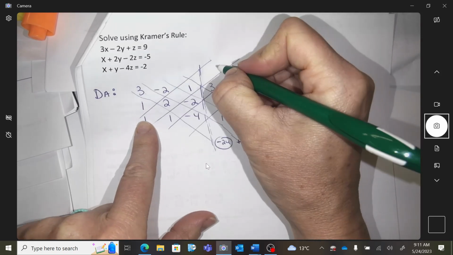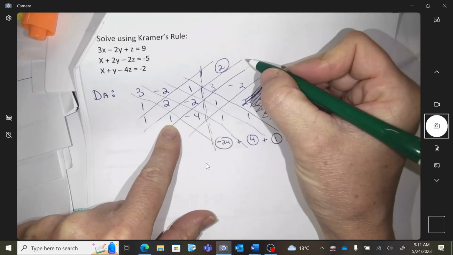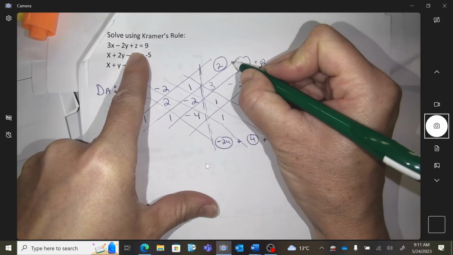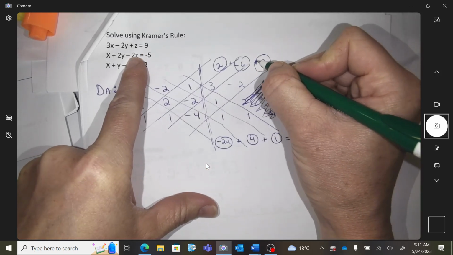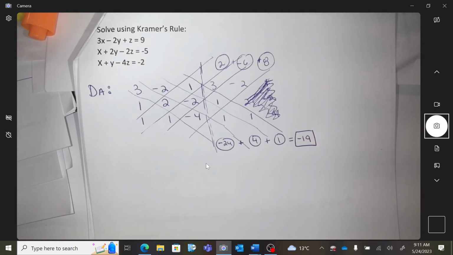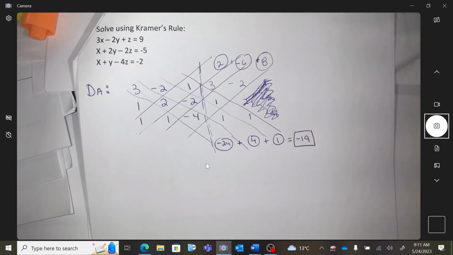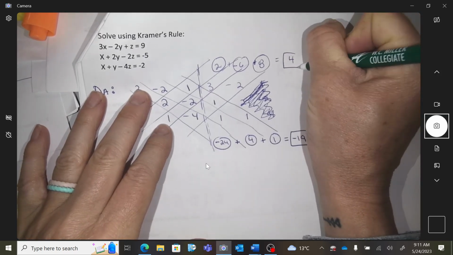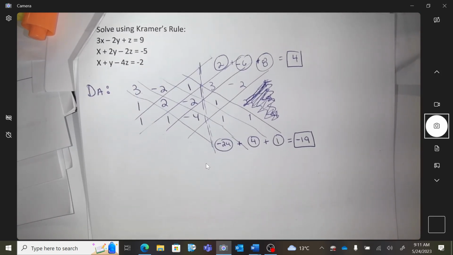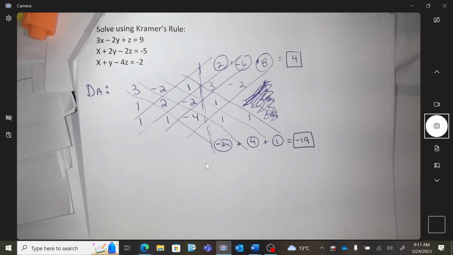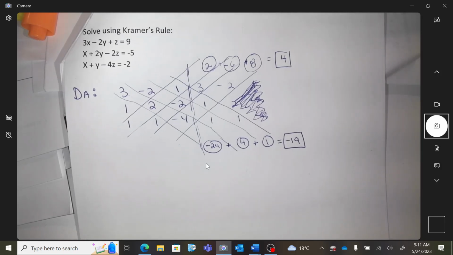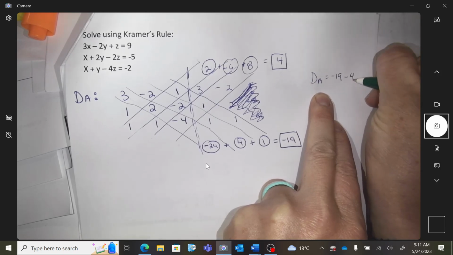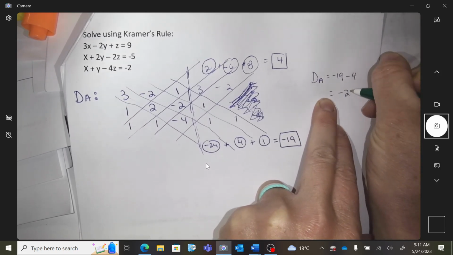Okay, so we get a 2, a negative 6, and a positive 8. Subtract 6 plus 8 is 4. Okay, the down subtract the up. So determinant A equals negative 19 subtract the up, which is negative 23.